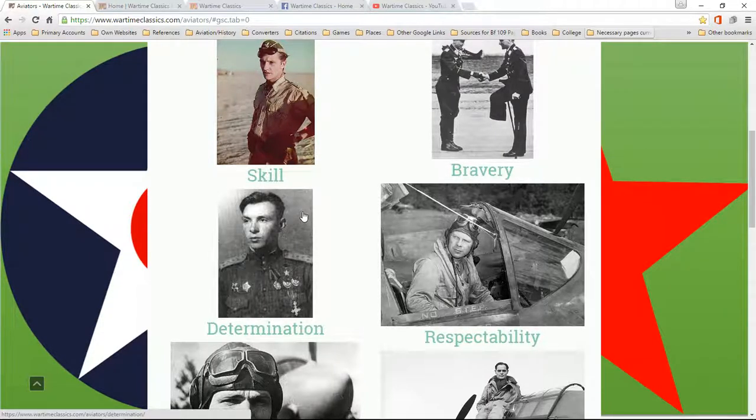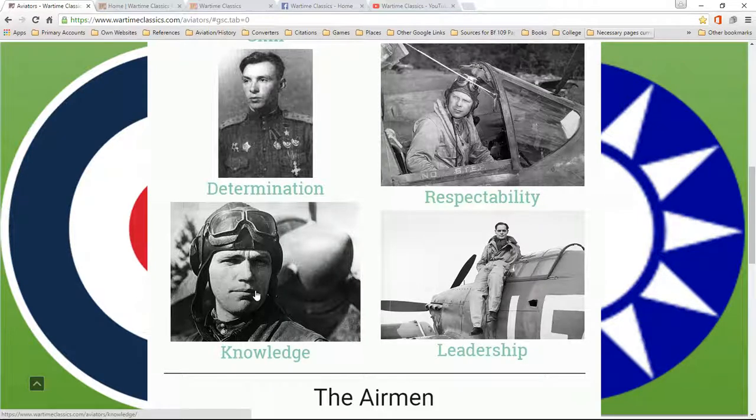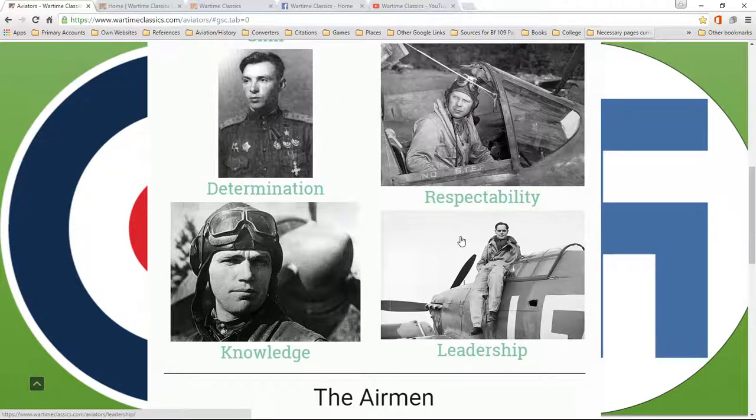Respectability is based on how well the pilot treats his comrades and his enemies. Knowledge is more of how they can develop tactics and apply them in some way. Leadership covers just how well the pilot works with his comrades.